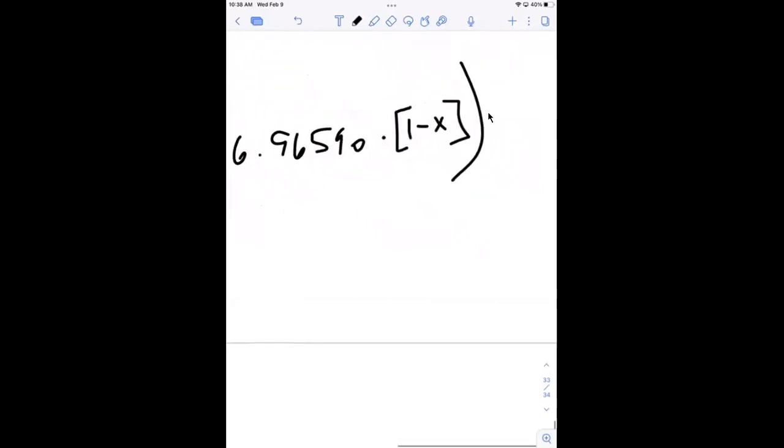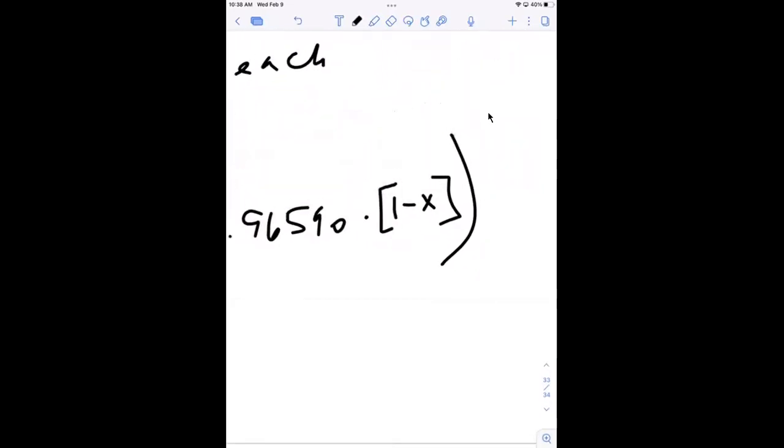If 100 is the total, then x is going to be a fraction of that.